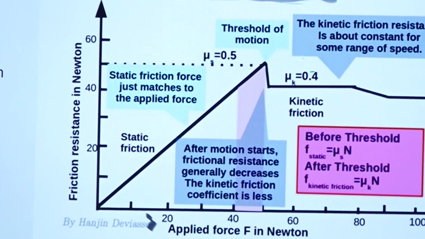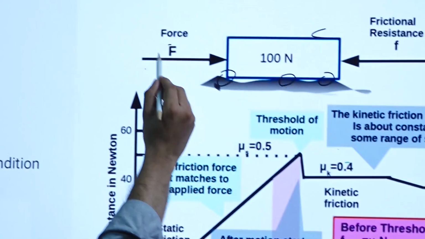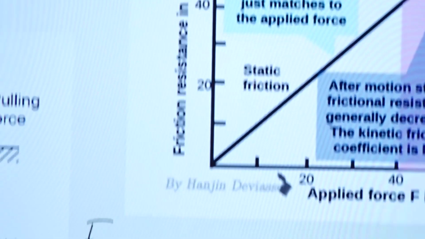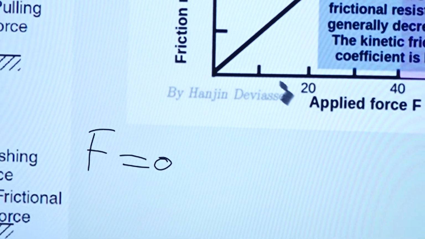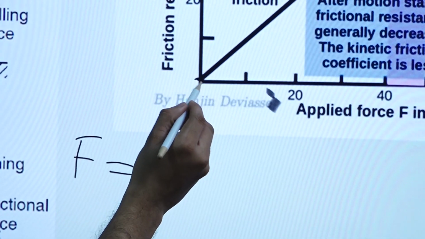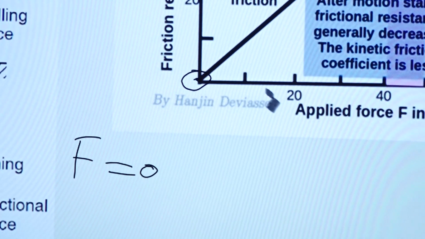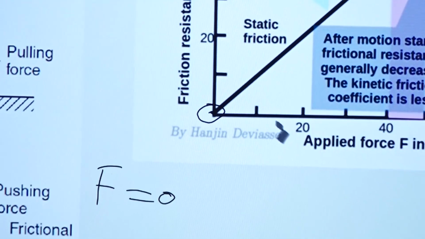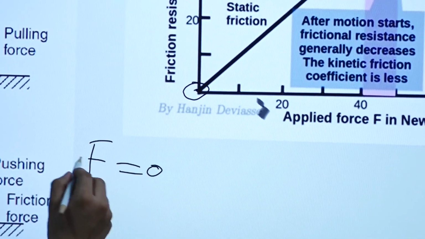So as we start increasing this force F, initially suppose this force was 0, right? At that point of time there will not be any frictional force, because you are not applying any force. Suppose you keep on increasing it.